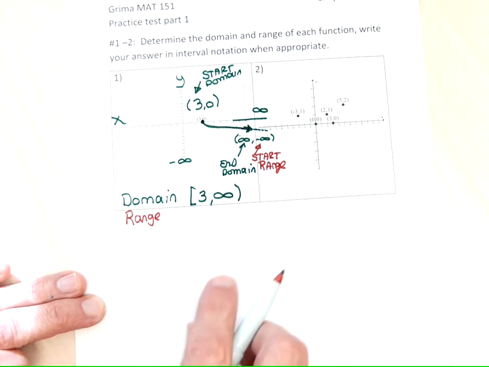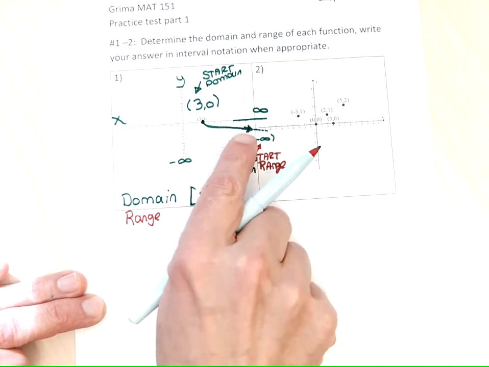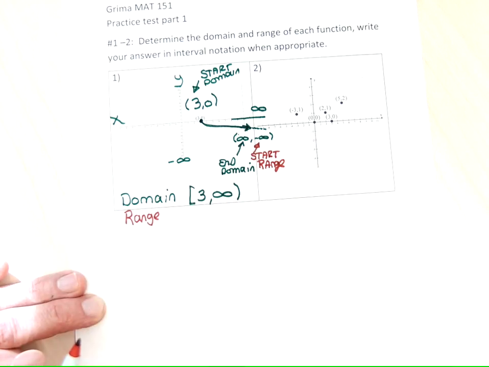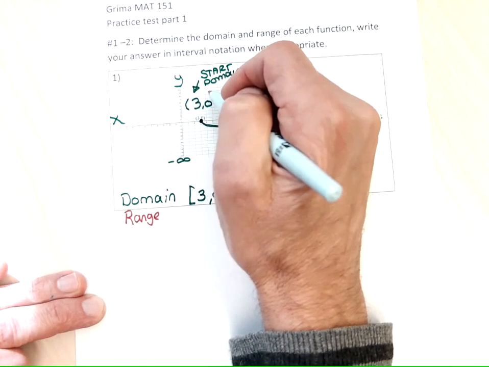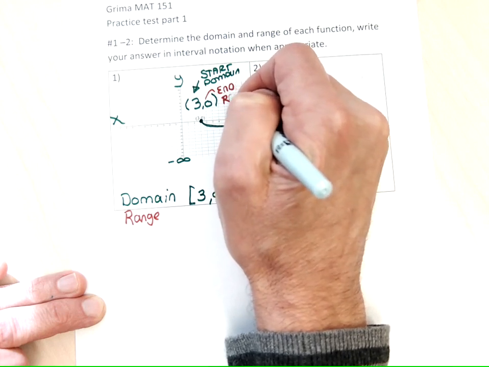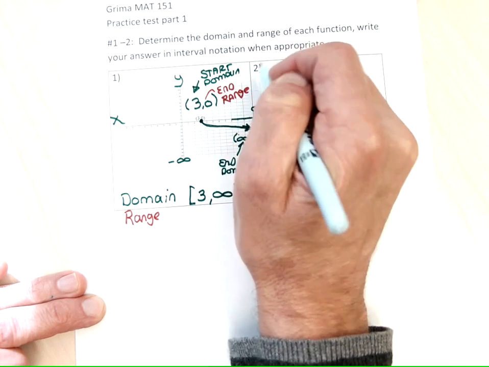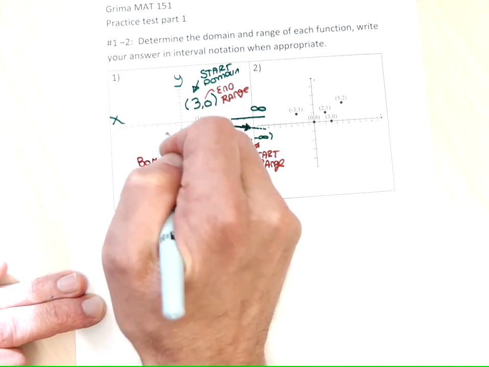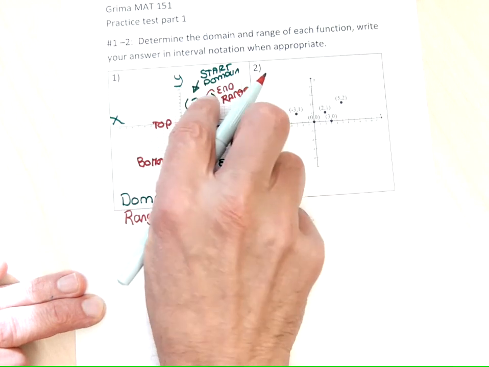To do the range, I'm working from the bottom to the top, and this point, (positive infinity, negative infinity), is going to be at the start of my range because it's at the bottom of the graph, and the end of my range is going to be at the top of the graph, and the very highest point in terms of bottom to top is going to be that point (3, 0).